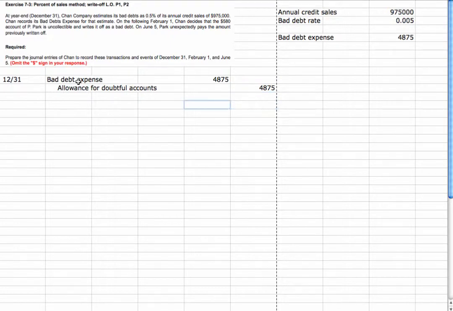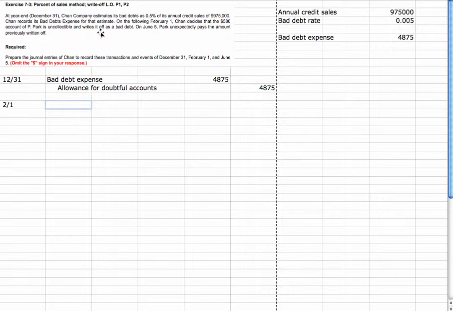Okay, the next entry is for February. So on February 1st, it tells us here that on the following February 1st, Chan decides that the $580 account of P Park is uncollectible and writes it off as bad debt. So what we've done is we've already recognized the bad debt expense through the allowance for doubtful accounts.